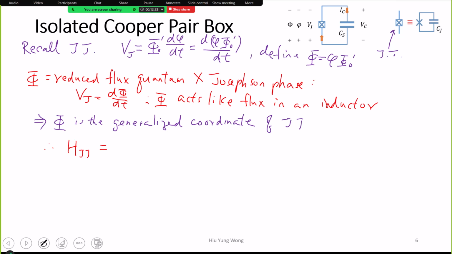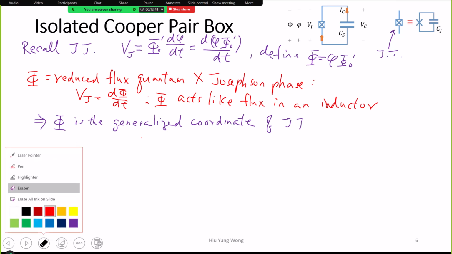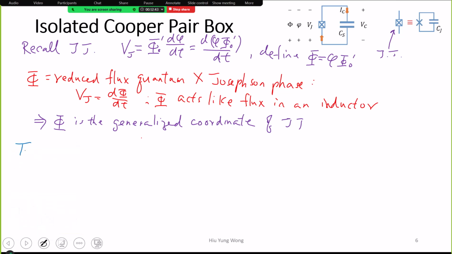You have a charging energy Q squared over, no, sorry, not for JJ, for the whole circuit. I said the wrong thing. Let me make this clear. Let me not call it the Hamiltonian, just say the total energy of the circuit.